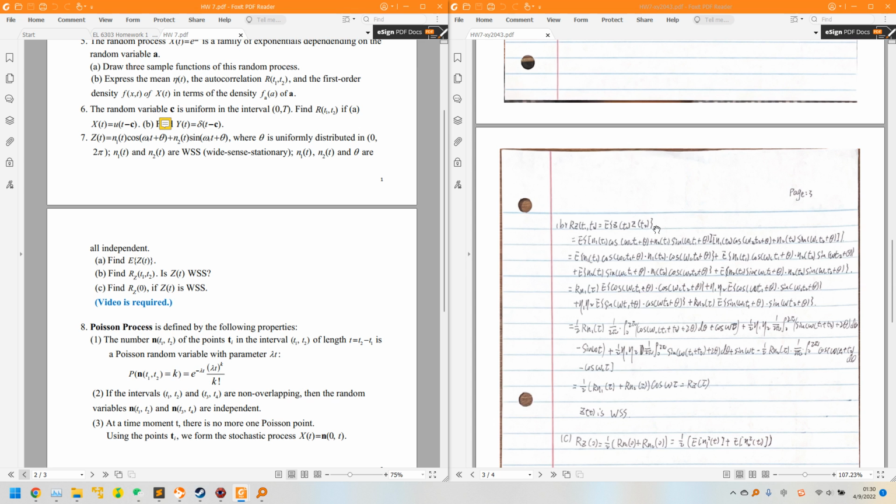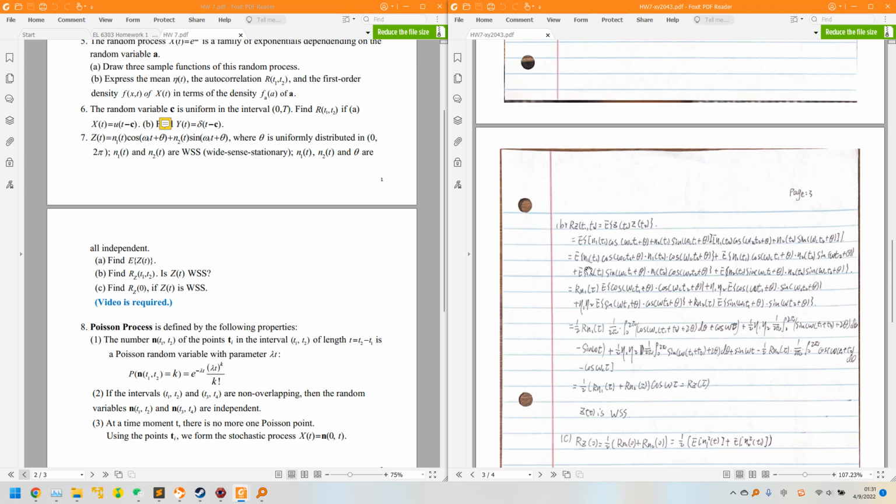We can expand this expectation into this form, and further expand this equation, like this part times this part, this part times this part, and so on. In such a way, we get 4 results, and we add them together.